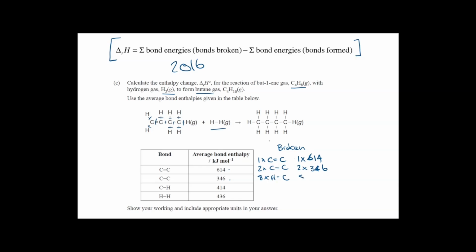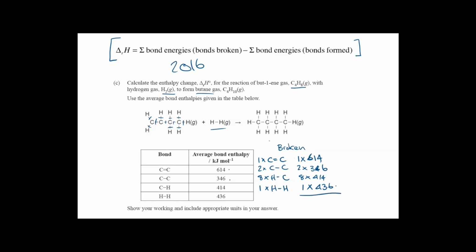Hydrogen-carbon, so 8 times 414. Is that all of the bonds? Not quite, it's all the bonds in this molecule, but don't forget we have the hydrogen gas. And this one just has a hydrogen-hydrogen bond, and it's just one of them. So 1 times hydrogen-hydrogen.